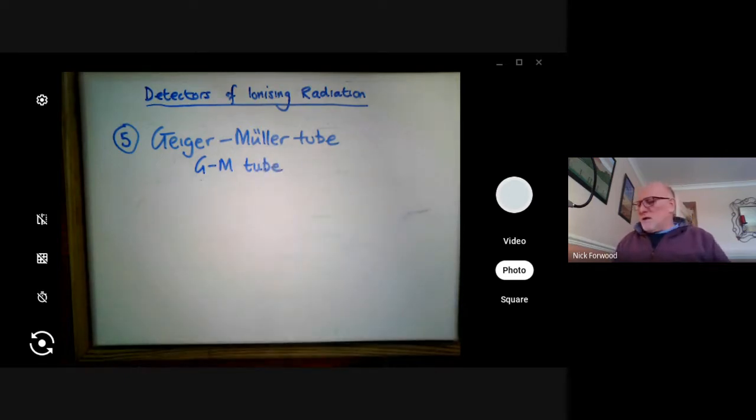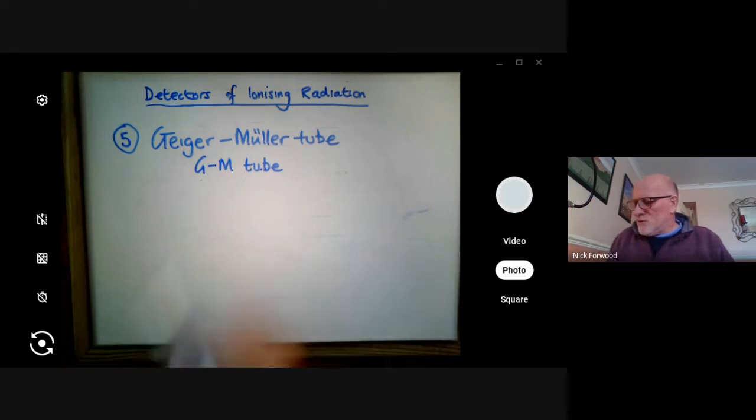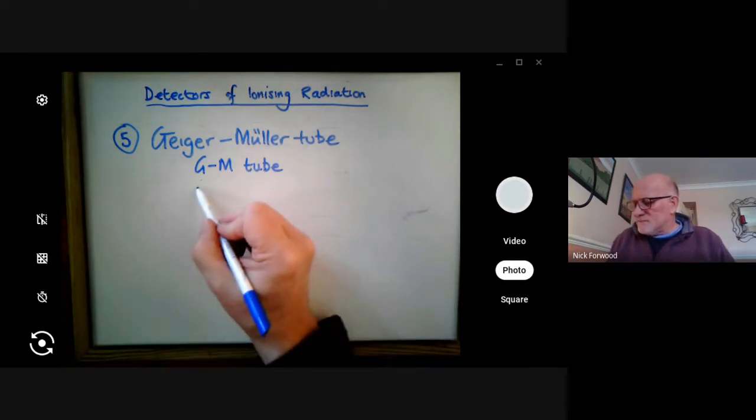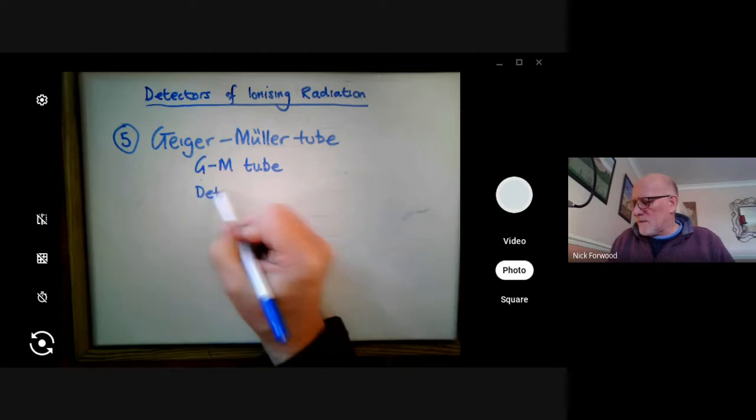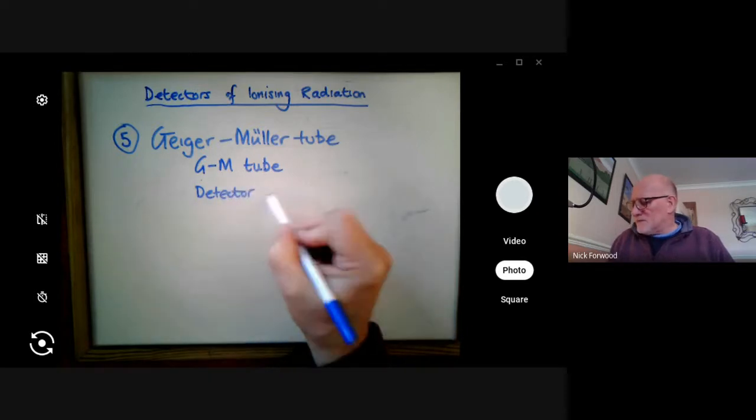And the Geiger-Muller tube is connected with a cable to a detector meter.